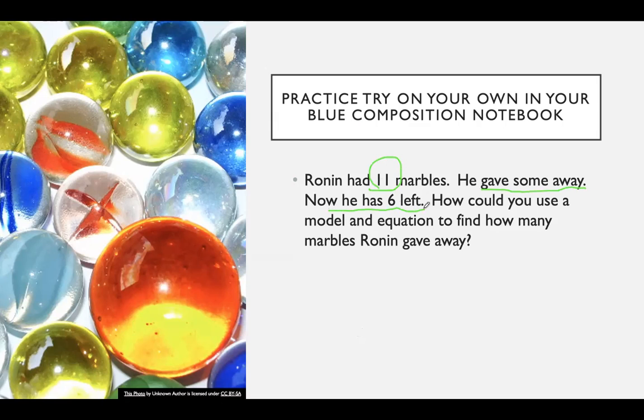But what's the problem? Well, the problem is, how could you use a model and an equation to find how many marbles Ronan gave away? What method, what model, what equation would you use to find out how many marbles Ronan gave away?